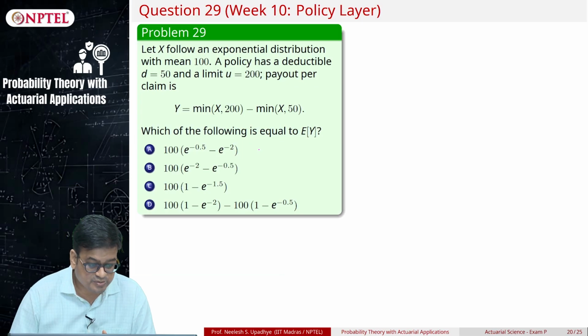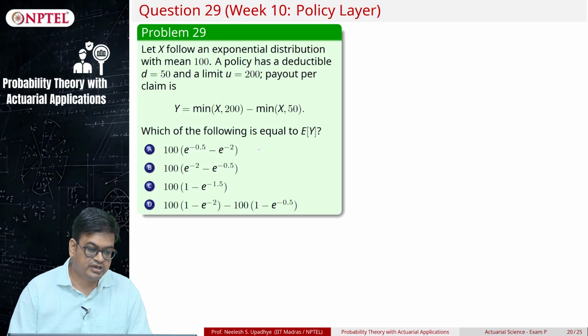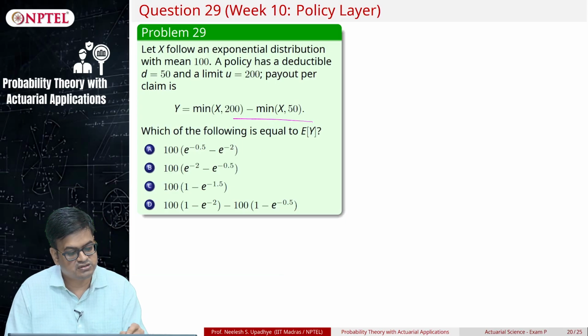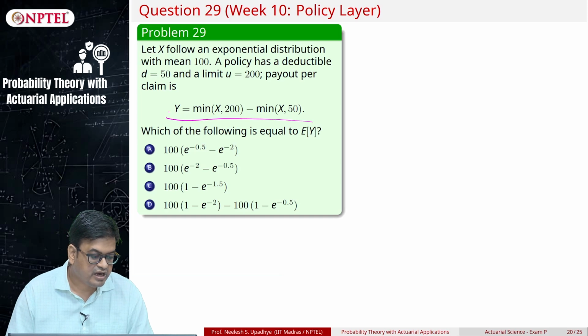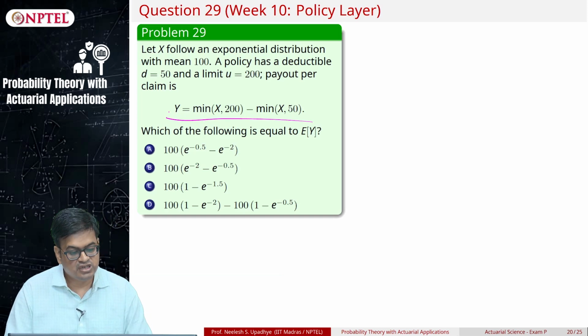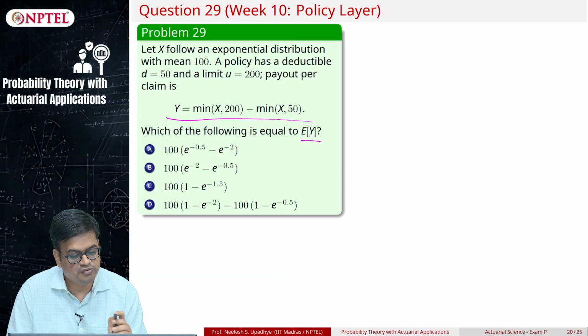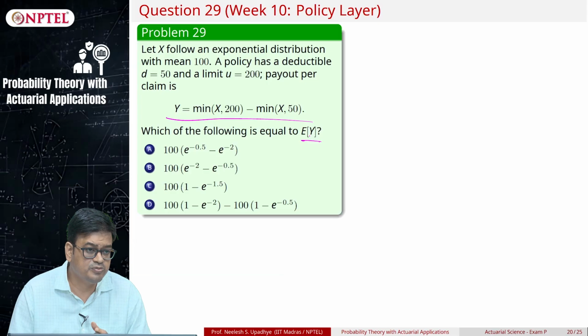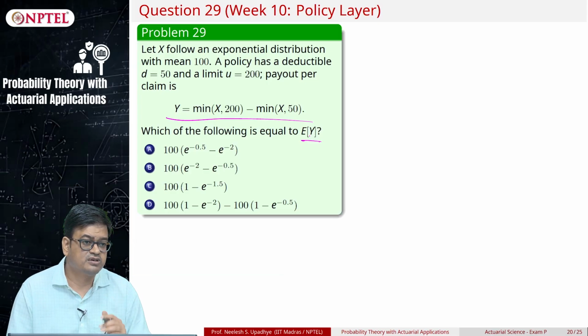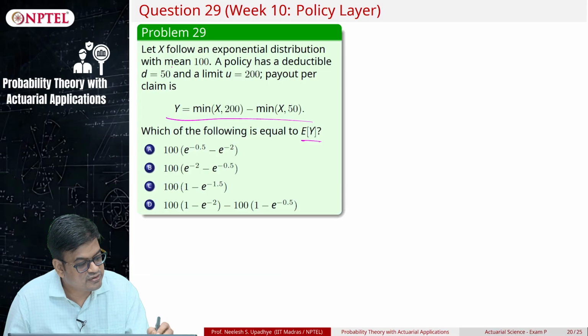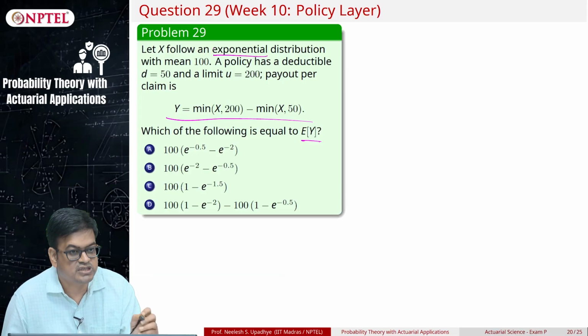So, I have an exponential distribution with mean 100, the policy has deductible small d equal to 50, the limit is equal to 200, the payout per claim is given by this expression, and you want to find the pure premium for this policy, that is expected value of Y. How will you proceed? First of all, it should strike your mind that this is an exponential distribution.